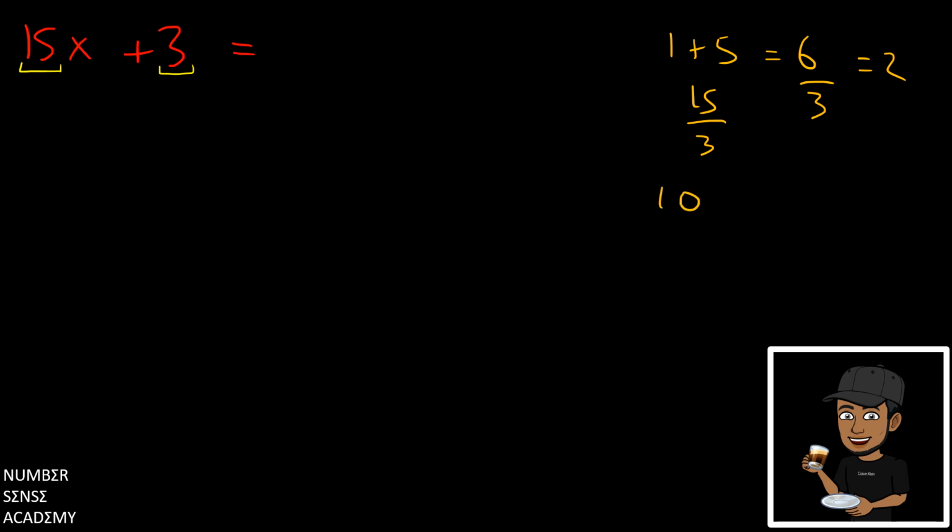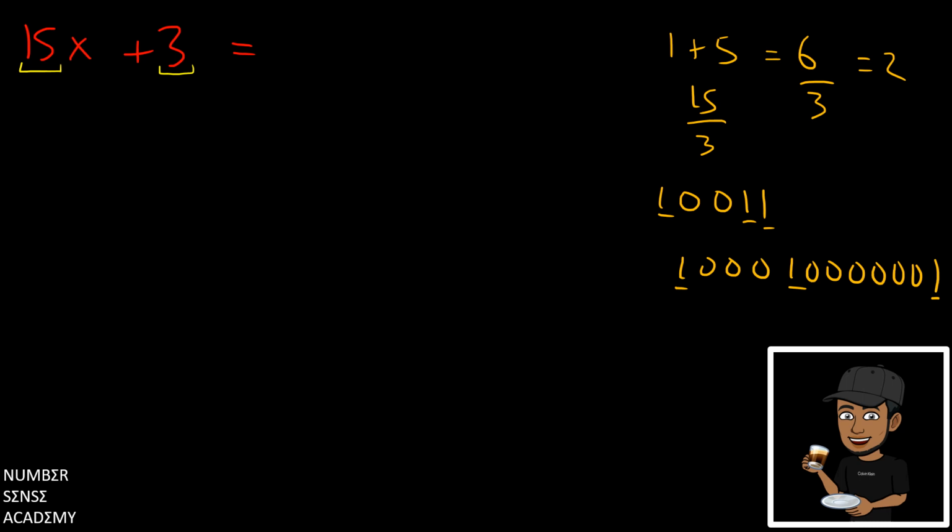So if I have 10,011, because the digits add up to 3, this number is also divisible by 3. And if you don't believe me, check it out. It's just a standard rule.